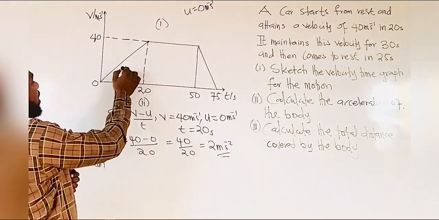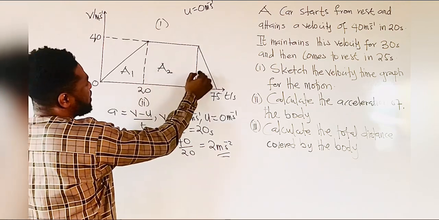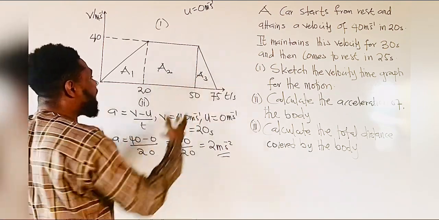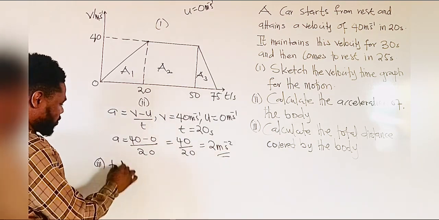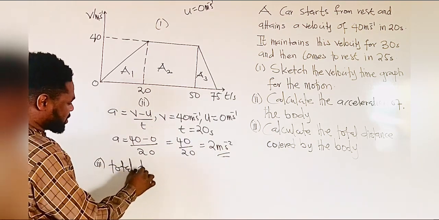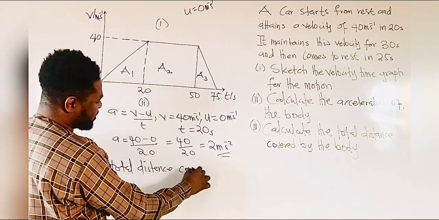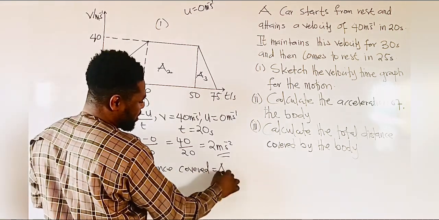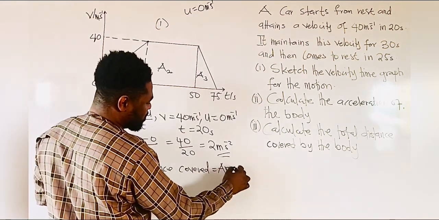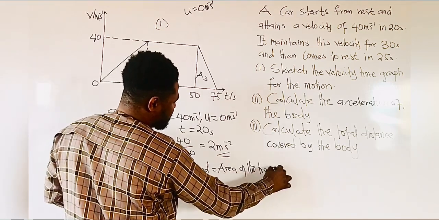Or we can also find the area of this part, this part, and this part, and add everything together. But the easy way is that we can say the total distance covered is equal to the area of the trapezium.